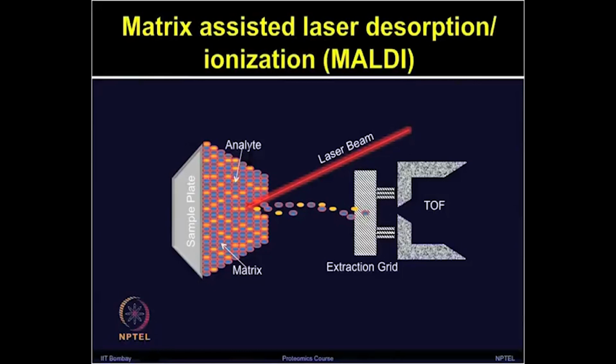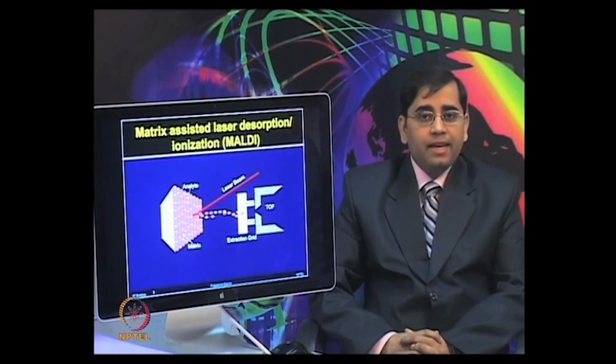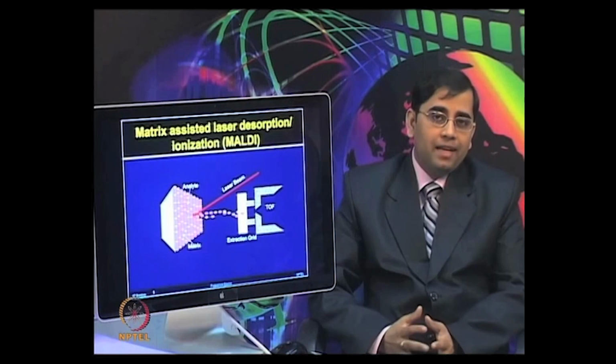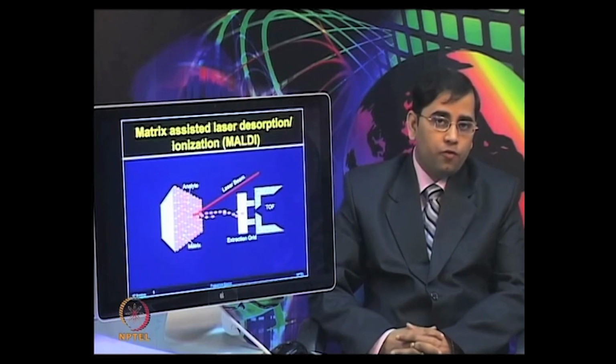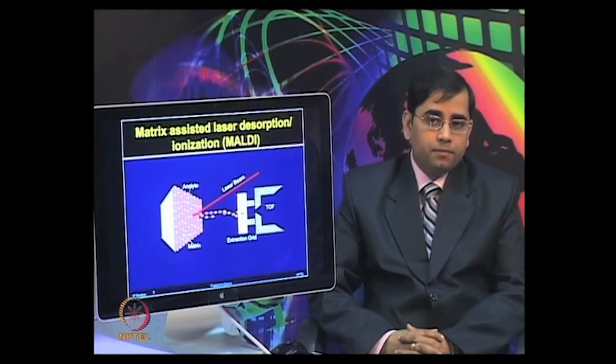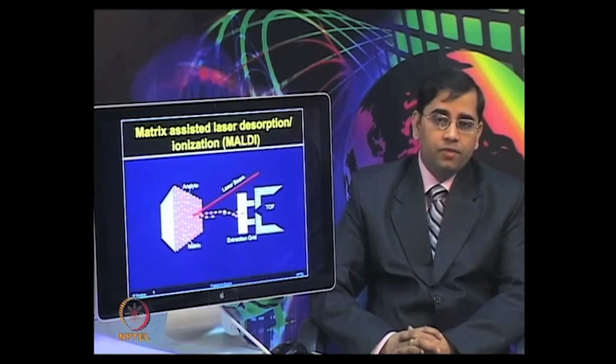Now, these crystals are targeted with the short laser beams. Then rapid sublimation can convert analyte into the gas phase ions. Now, these ions once generated, they can accelerate away from the target plate through the mass analyzer, which is time of flight TOF tube, and they can reach towards the detector. Now, this process is shown in the right hand side of the slide.